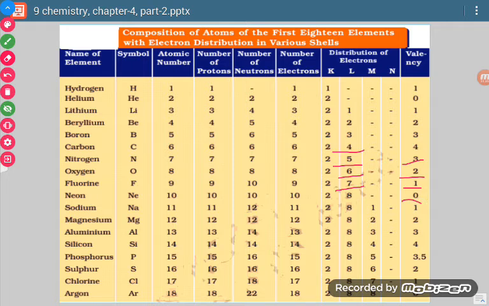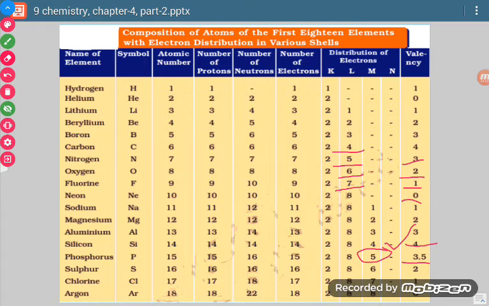Now in some cases, just like here, if you see phosphorus, it has a valency of 3 as per the rule, but it also shows a valency of 5. It means that it can combine with 3 atoms, and it can also combine with 5 atoms.